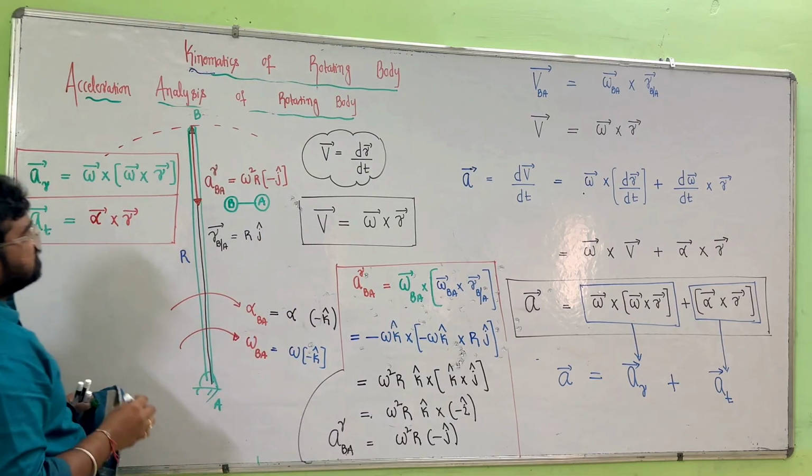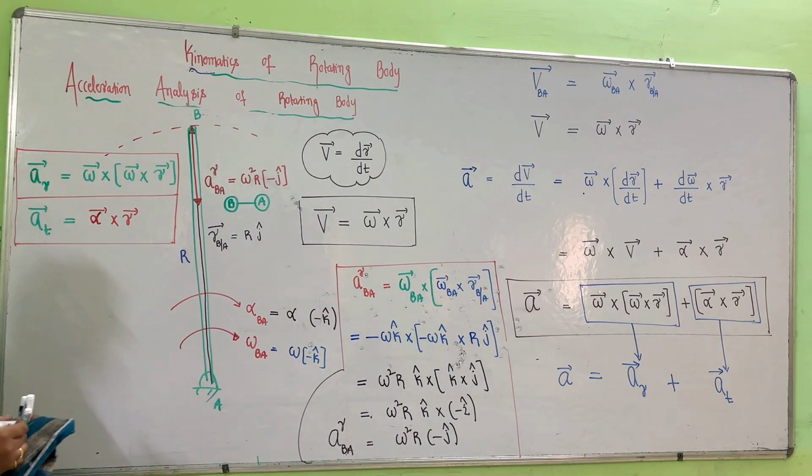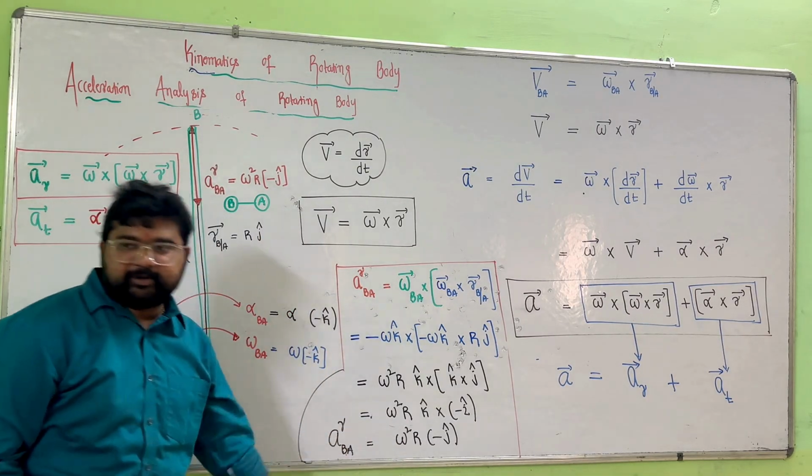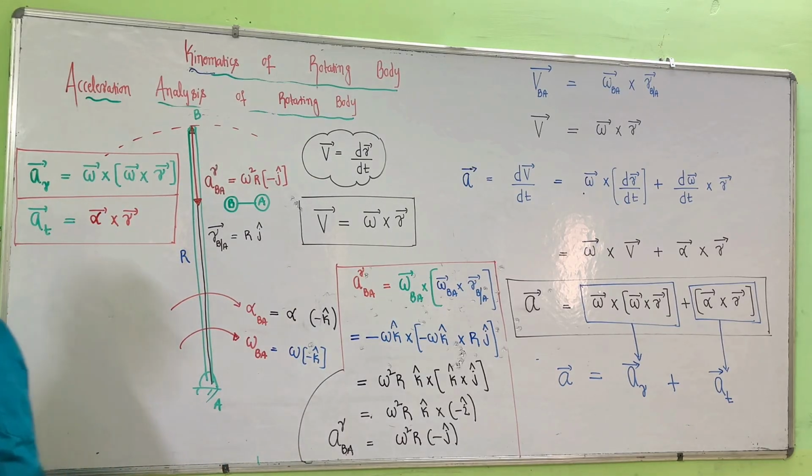A is the center of rotation. Are you getting the same? That is the radial acceleration.